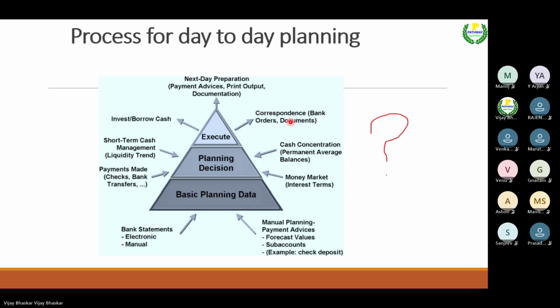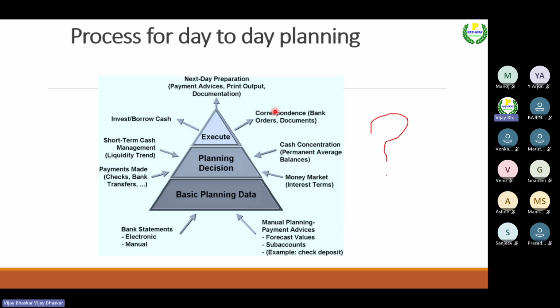Now, correspondence, bank orders, and documents. In case we have done an investment, we must have the correspondence from the banks. Let's say we have done a fixed deposit with the bank for a period of 1 year.